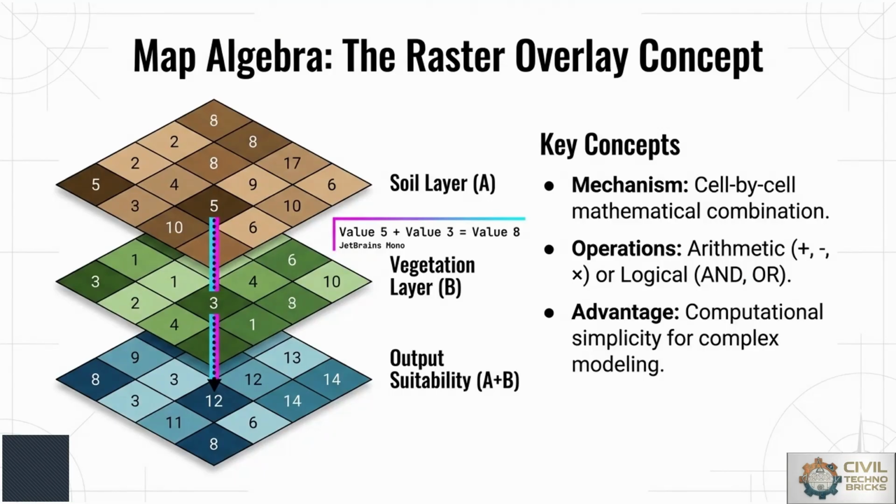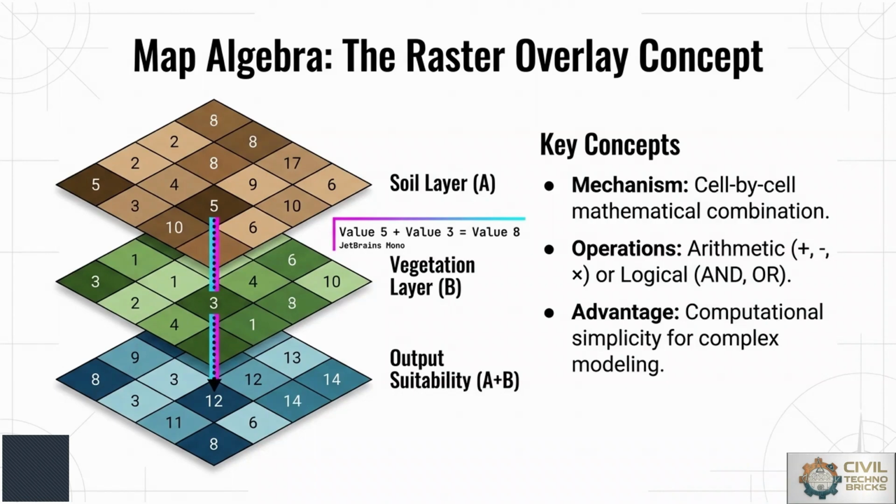Guys, moving towards map algebra, which is the raster overlay concept, a key concept where cell by cell mathematical combination is performed by using two layers, three layers, or n number of layers. Or we can say the combination of any two layers. Suppose soil layer is A, vegetation layer is B, output suitability A plus B. Just a comparison of both layers.